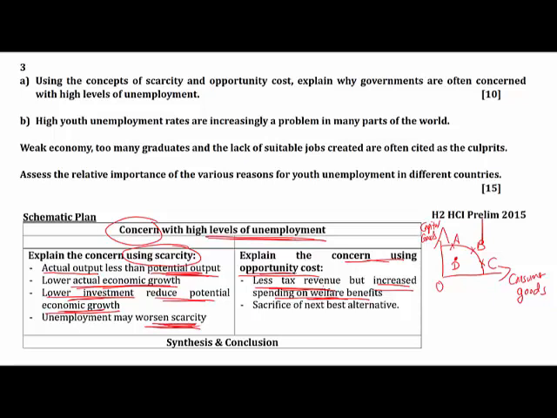This is a problem associated with a high level of unemployment, and therefore is a concern of your government. Okay, so I hope you are able to answer this part A for this essay question.